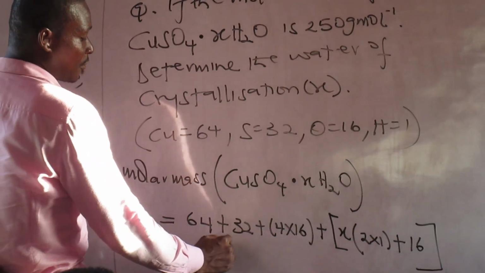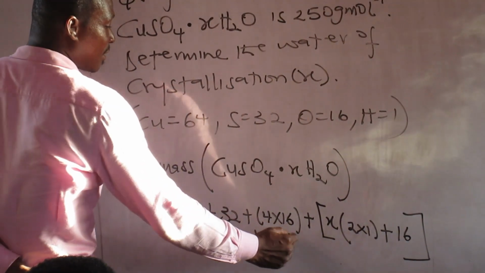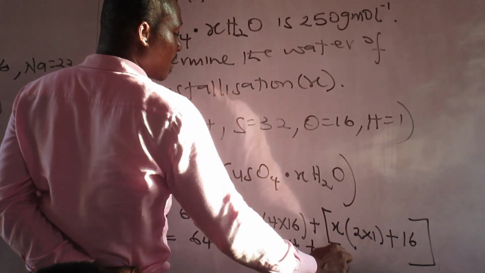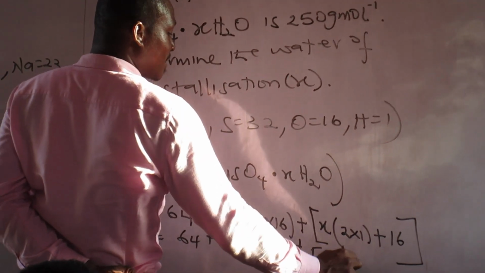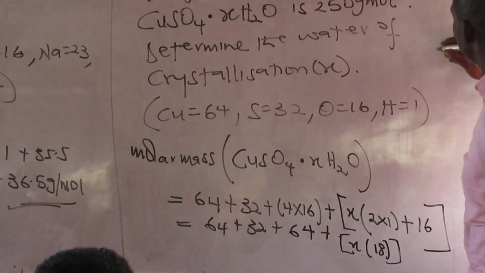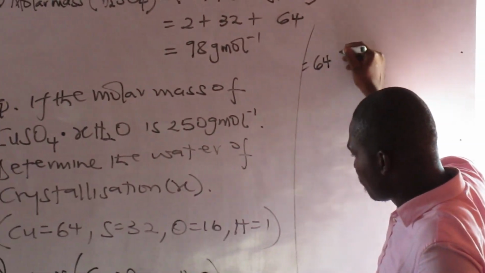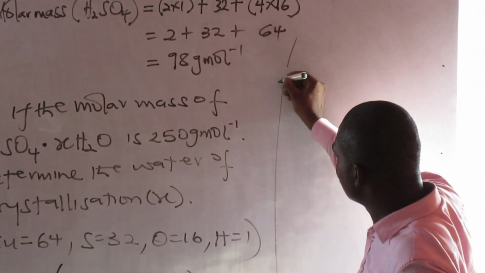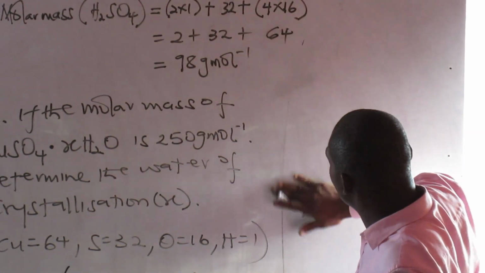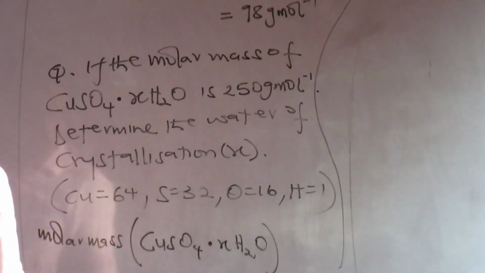Now there is 64 plus 32, plus 64 again. So there is 2 plus 16, that's 18, right? Are you okay? So put the numbers together: 160. I remember, we were told that the molar mass of this is 250, right?